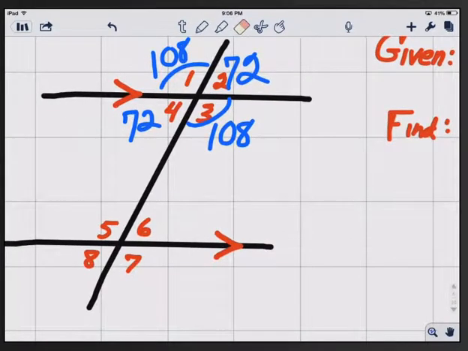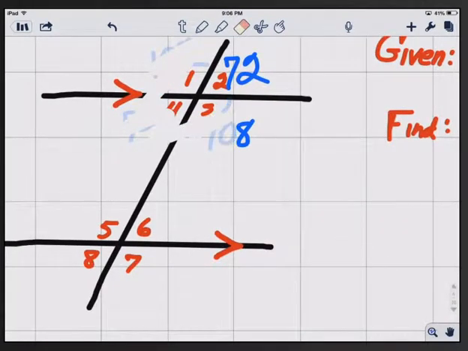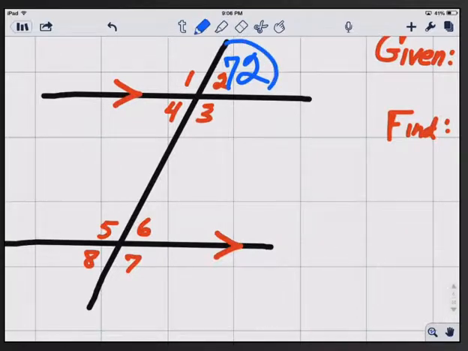Then we have to get down to the other vertex down below. So let's go back to the given information that angle 2 is equal to 72. You want to look for corresponding angles, which are going to be congruent because the lines are parallel, or maybe alternate interior angles or same side interior angles that are supplementary, and there are others, but we'll just look at a pair of corresponding angles formed by parallel lines being intersected by a transversal.